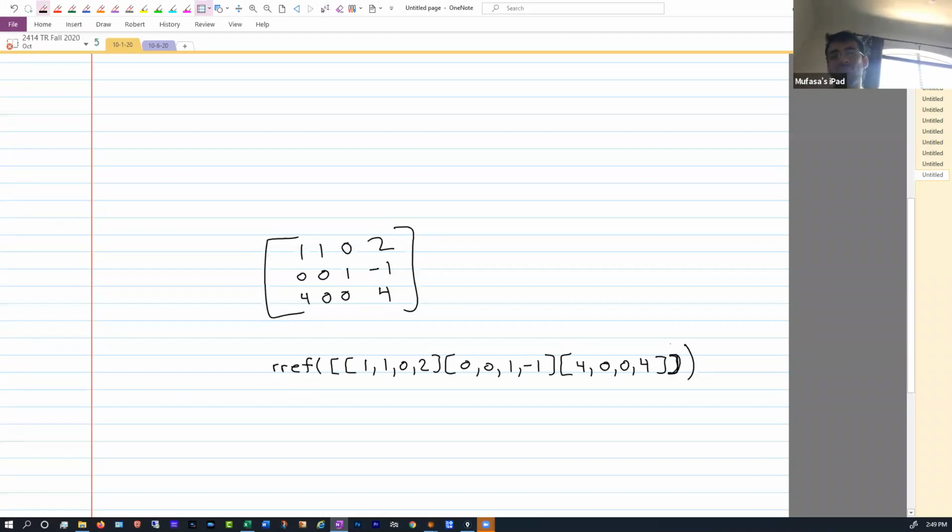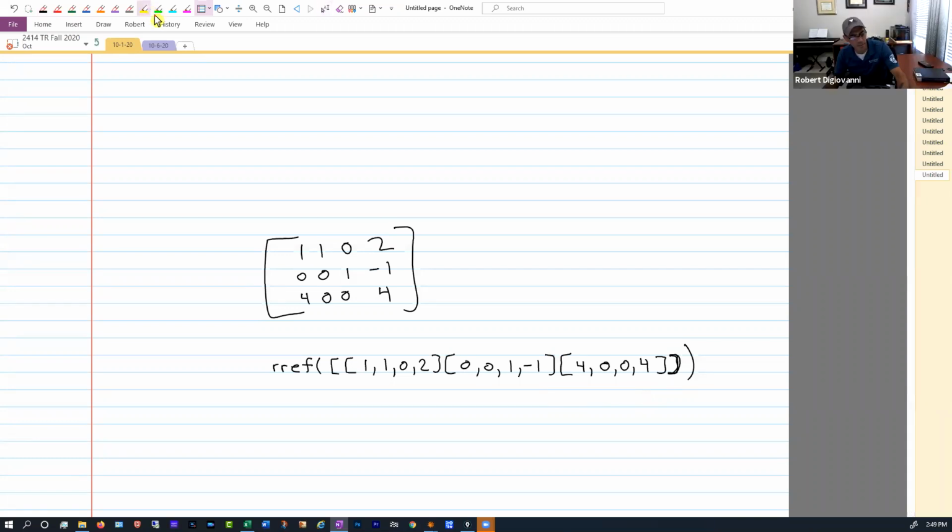The first bracket starts the matrix, and the last bracket closes that matrix. Everything in between is just row, row, row. And then you also have to have the parenthesis that opens the function on the calculator and closes the function. I understand.